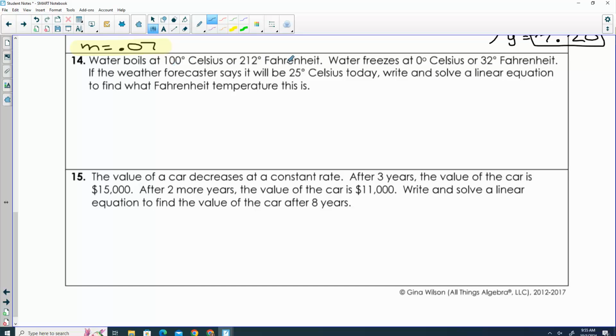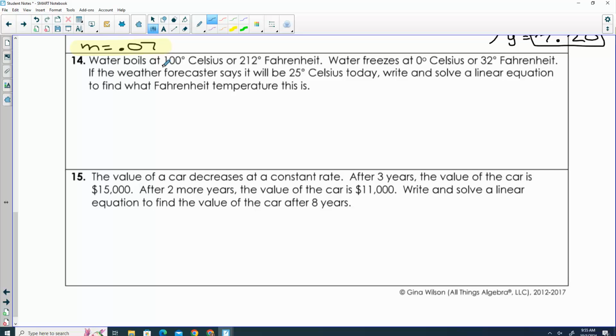Water boils at 100 degrees Celsius or 212 degrees Fahrenheit. Water freezes at 0 degrees Celsius or 32 degrees Fahrenheit. What am I going to do with those 4 numbers? How am I going to write those? Ordered pairs.